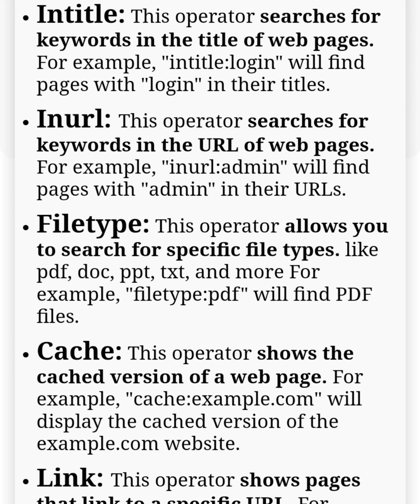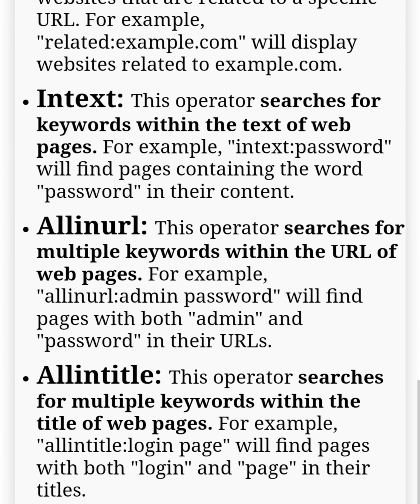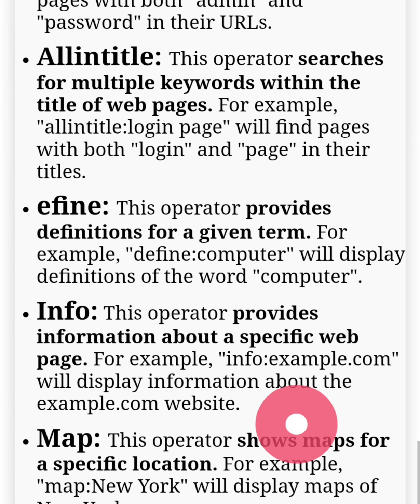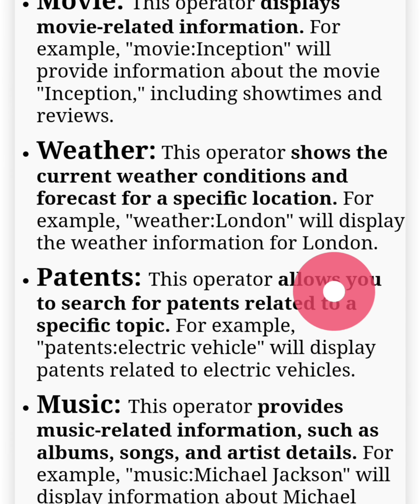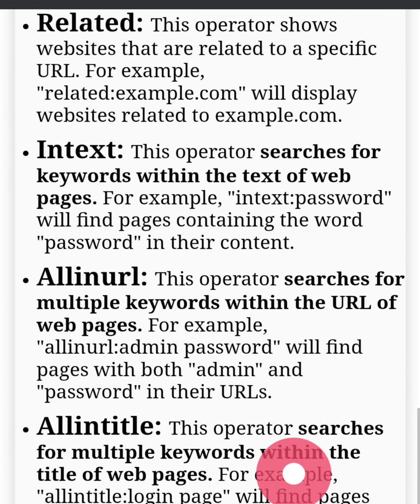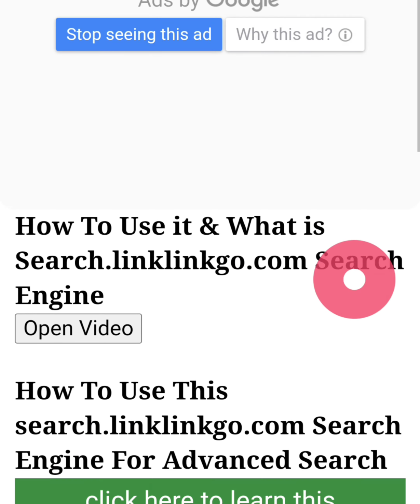Example, file type is a search operator that allows you to search for a specific file type like PDF, doc, PPT, TXT, and more. There is a lot more: in title, info, map, books. These are the most commonly used search operators. You need to learn this.